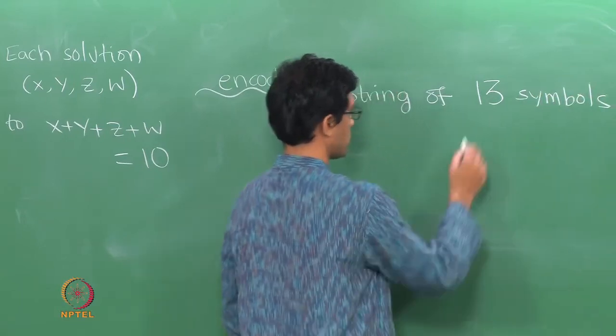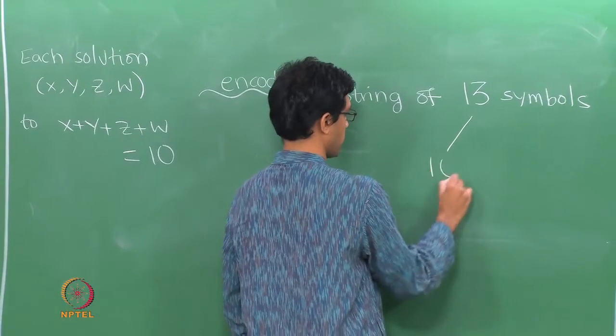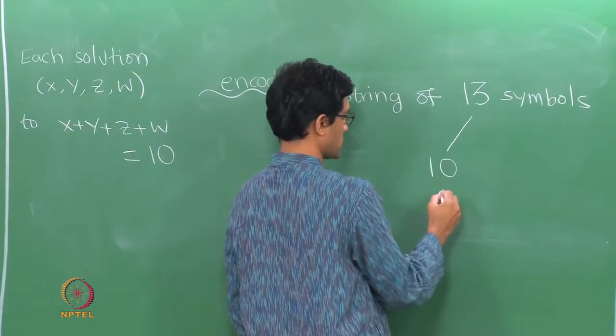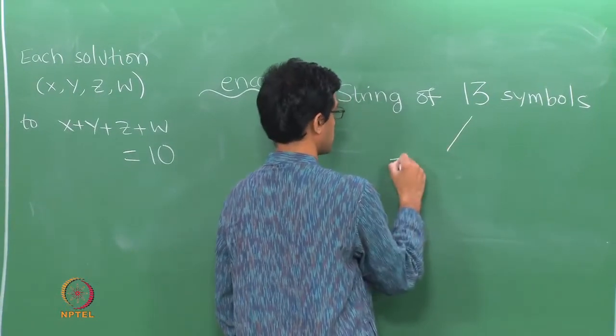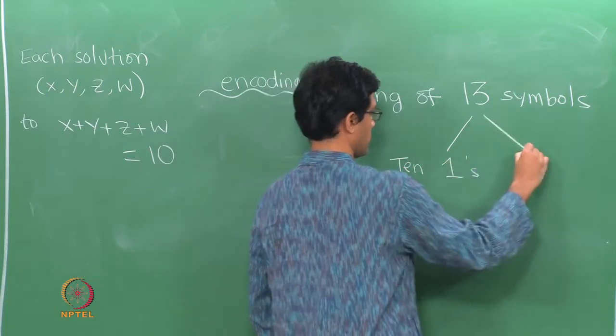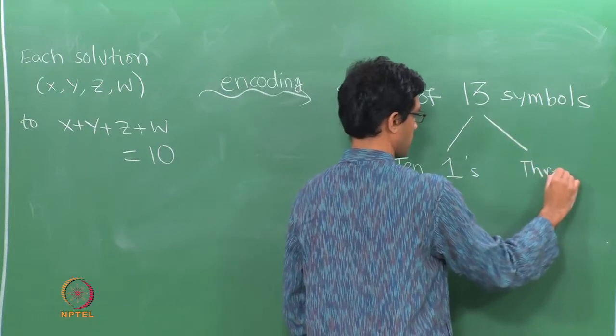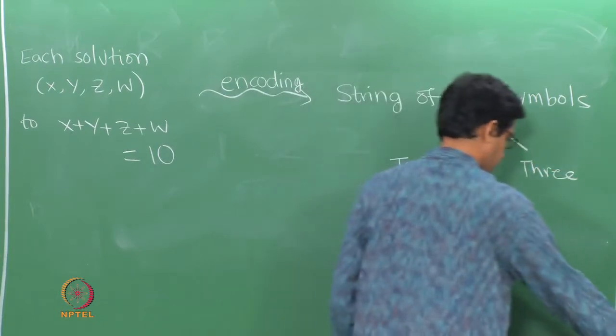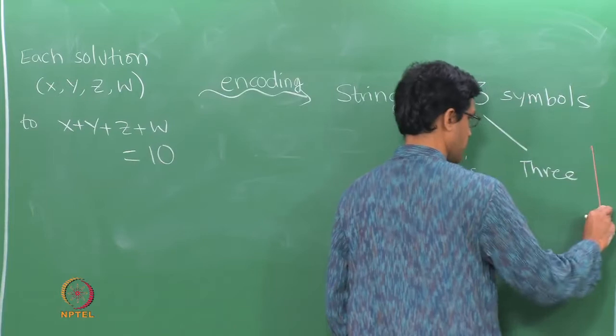Okay, so what are these 13 symbols? Well, 10 of these symbols are just ones, so 10 ones, and there are 3 dividers, 3 of these lines.